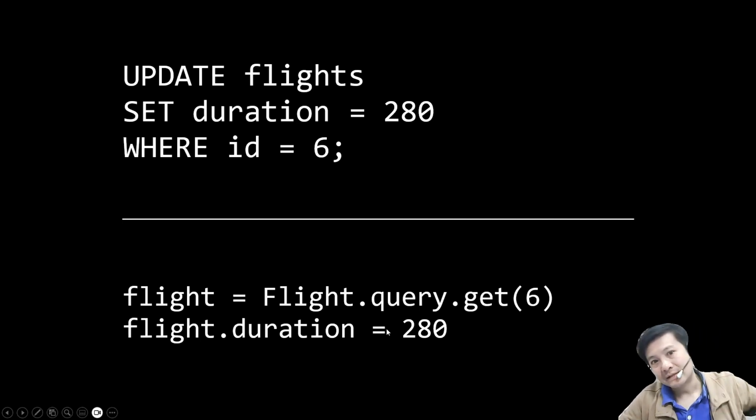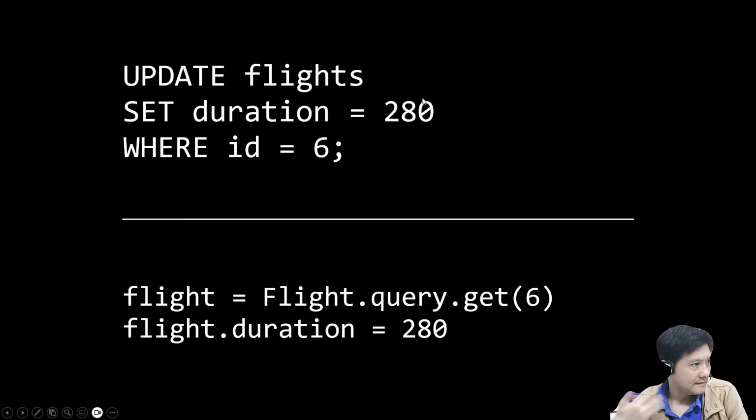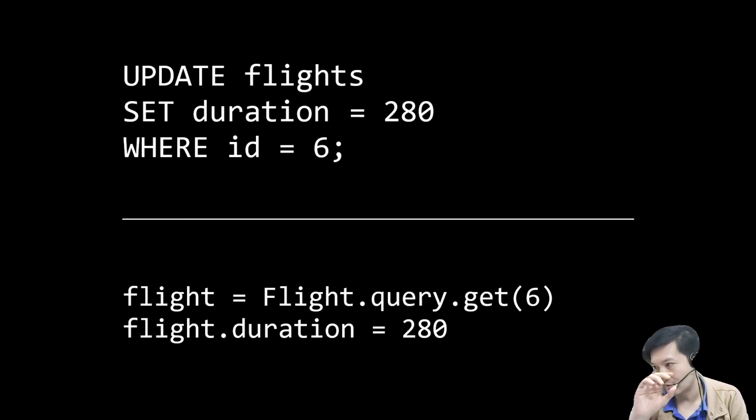And the update statement is simple. You just get the object out by ID or by list, whatever. Any method you query something from the database, it will have a hidden connection in between your Python object and the database. When you modify the object in Python, it means in the memory, in the RAM.